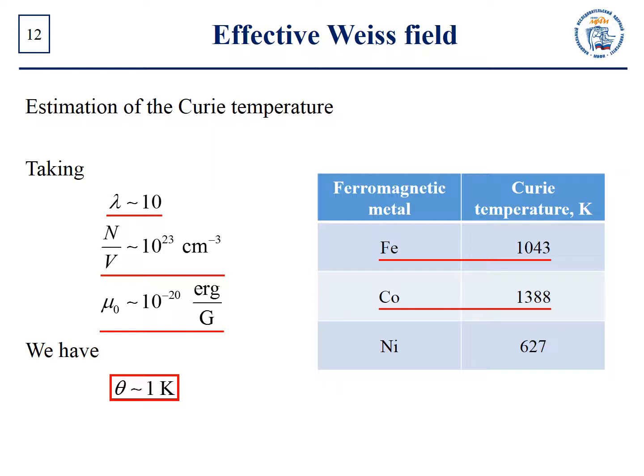Surprisingly, based on the mistaken assumption, Weiss arrived at qualitatively, although not quantitatively, correct results. The main merit of Weiss is that he pointed to the necessity of accounting for interactions between the local magnetic moments.